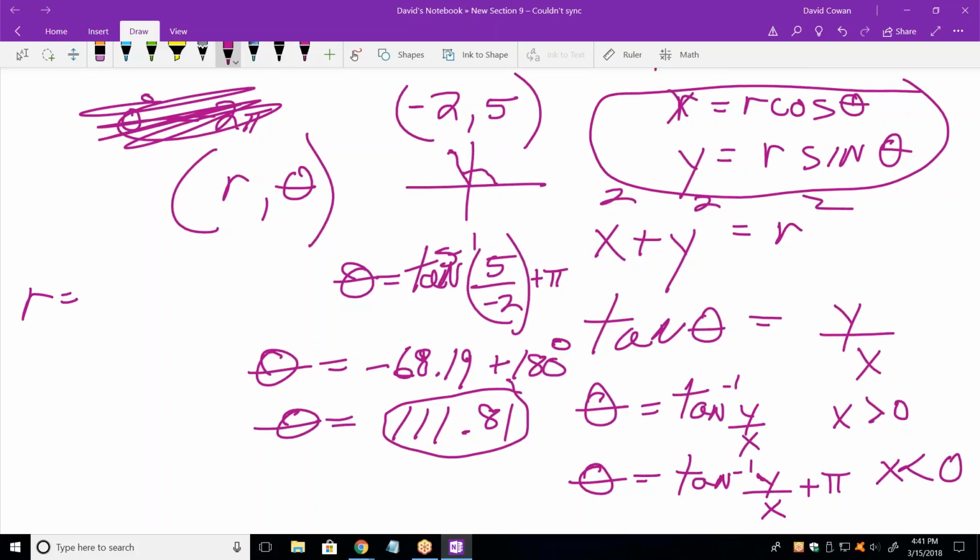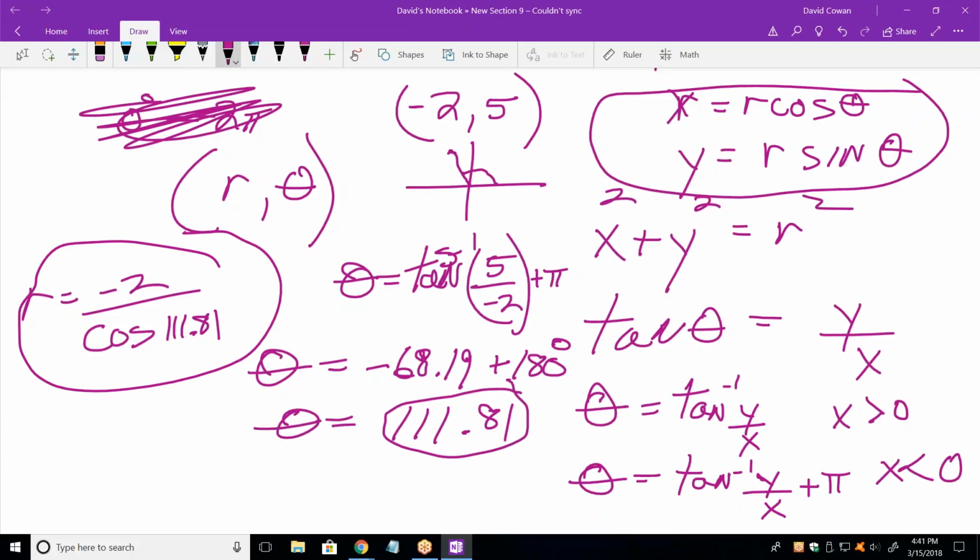R equals the x coordinate, which is minus 2, divided by the cosine of 111.81 degrees. And that's all you need, because now you have theta and R. In other words, you don't need to use the second equation to calculate R again.